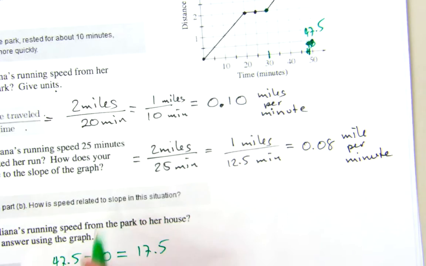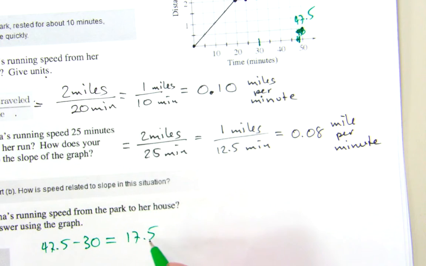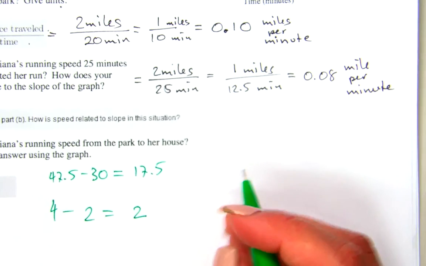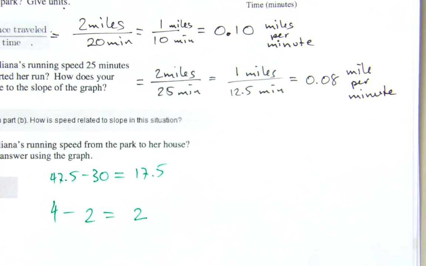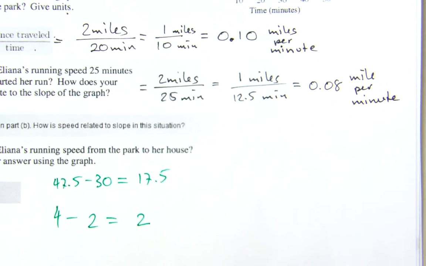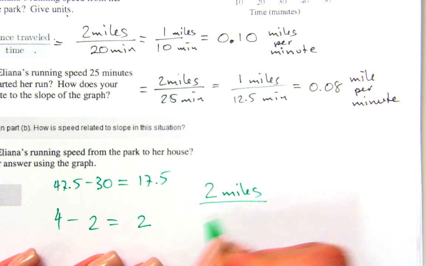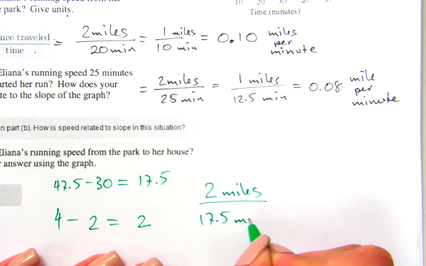So technically 4 minus 2 is going to give you a 2. So she ran 2 miles in 17.5 minutes.